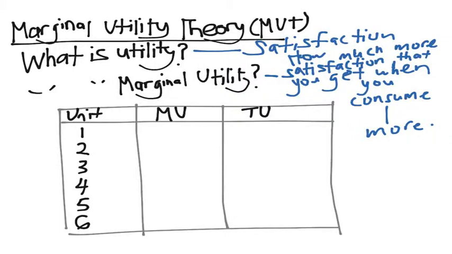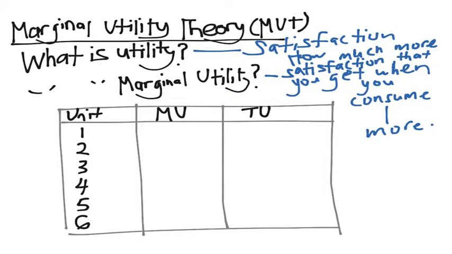Okay, so before we start talking about the marginal utility theory, we need to know two things. What is utility and what is marginal utility? Now, utility is just another way of saying satisfaction. Because it's hard for us to actually measure satisfaction, we create an abstract concept called utility to enable us to measure how satisfied the consumer is.